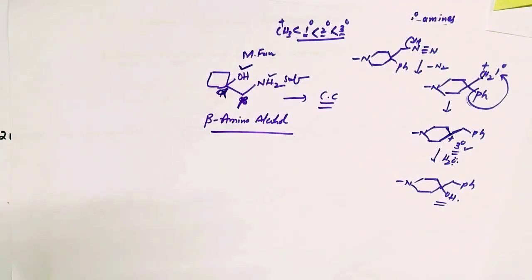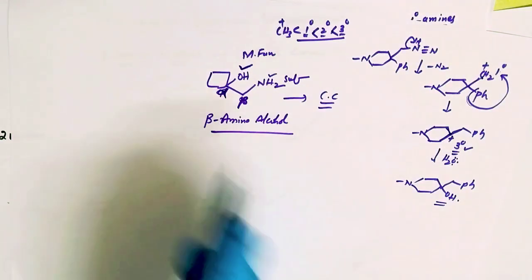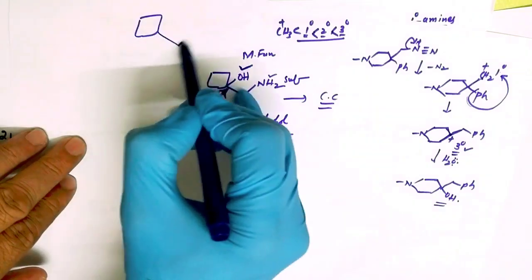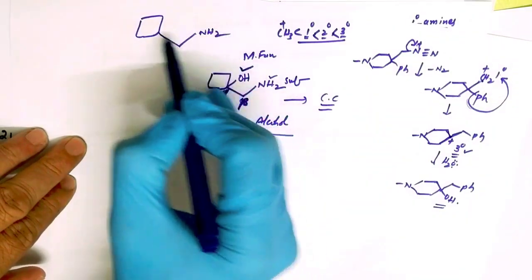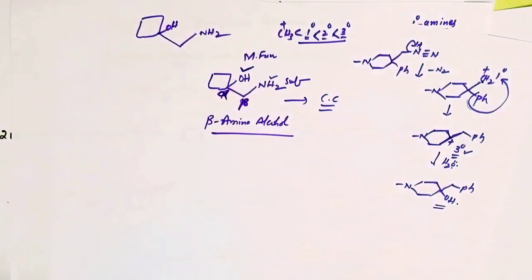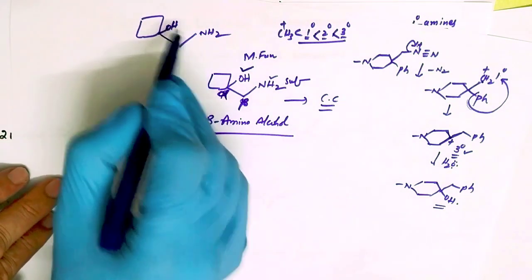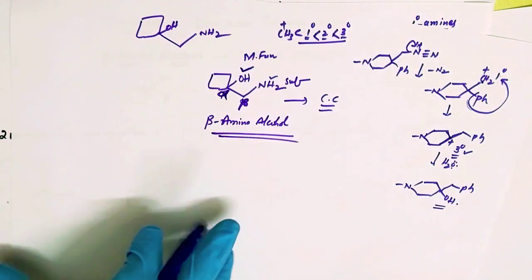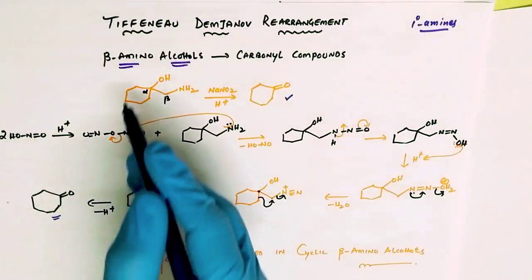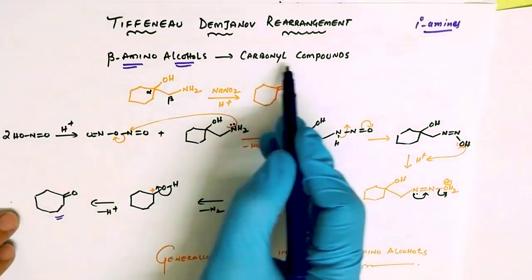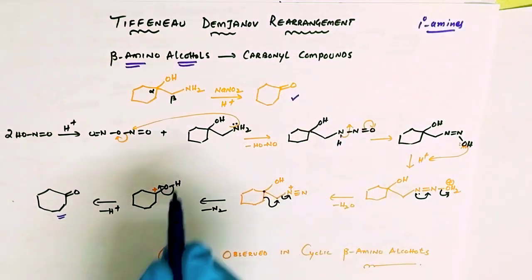For your simple understanding, in the Demjanov we have taken NH2; at the beta position put the OH. Simply remember it like this, but the real name is beta amino alcohol. See this: beta amino alcohol is converted into carbonyl compounds under the same conditions.